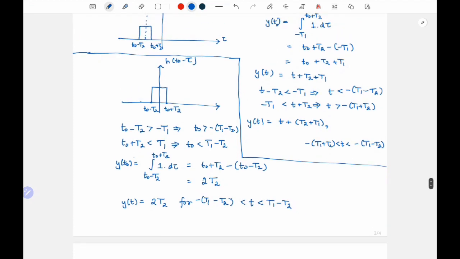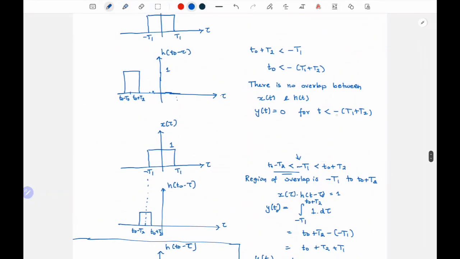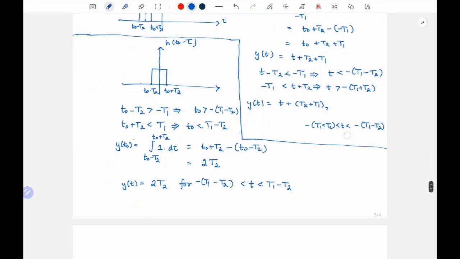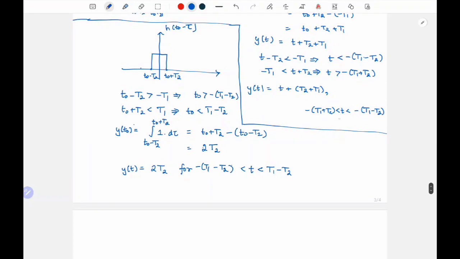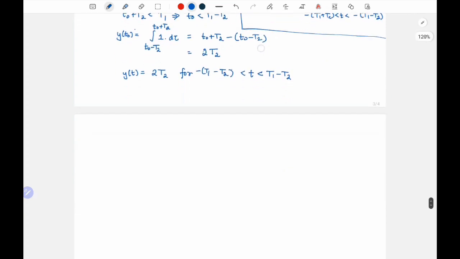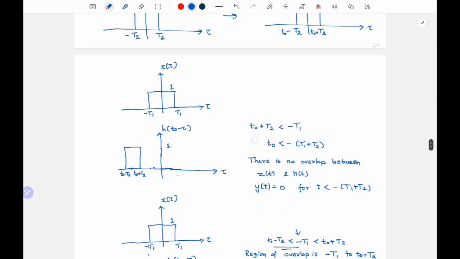You can see it is like a continuous region. If you see, this is less than minus of t1 plus t2, and then this answer was between minus of t1 plus t2 to minus of t1 minus t2, and here we have minus of t1 minus t2 to t1 minus t2. So next, again we will have x of tau as same.